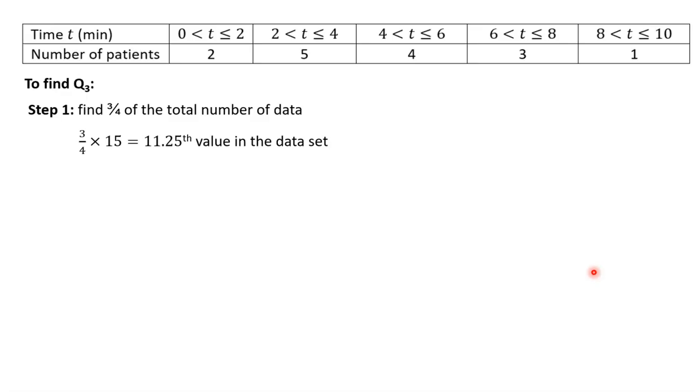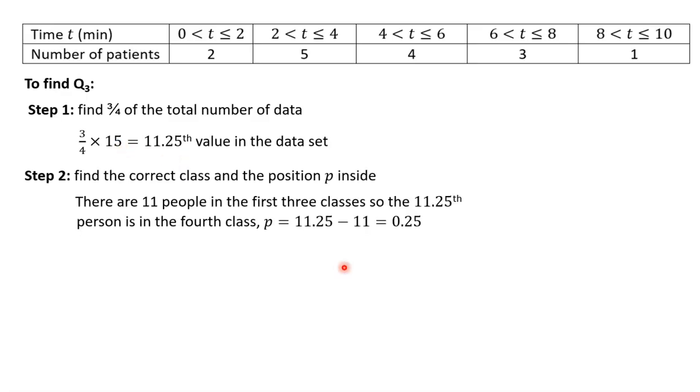To find Q3, it's very similar, 4 steps. First, we find 3/4 of the data. 3/4 of 15 is 11.25. In the second step, we have to find now the correct class and the position.